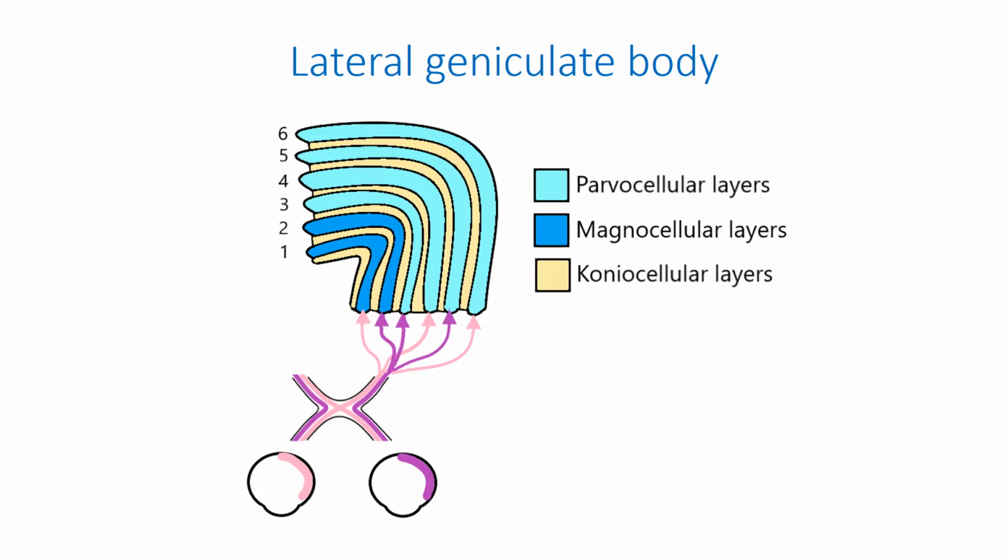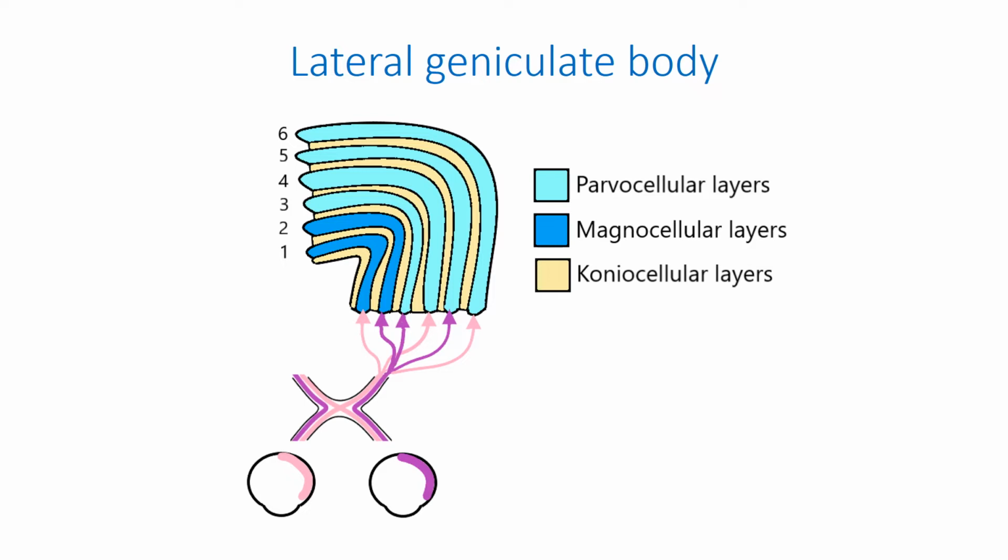Layers 1, 4, and 6 receive input from the contralateral eye, and layers 2, 3, and 5 receive input from the ipsilateral eye. All layers are retinotopically aligned, that is, a line penetrating perpendicularly to the layers passes through receptive fields covering the same spot of the visual field.